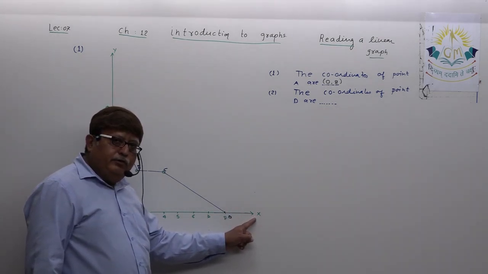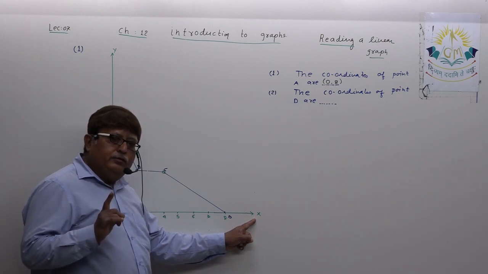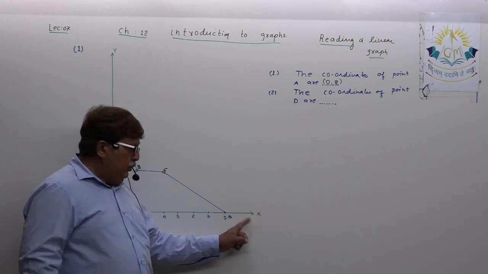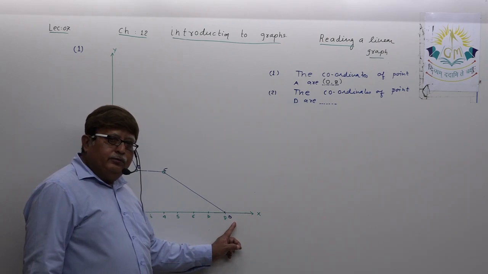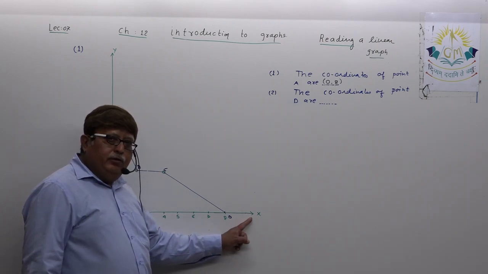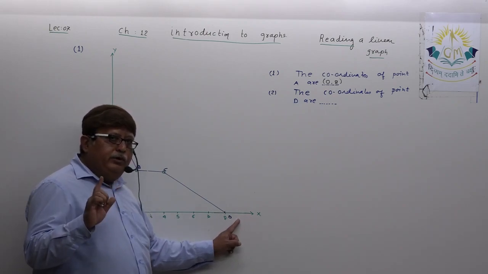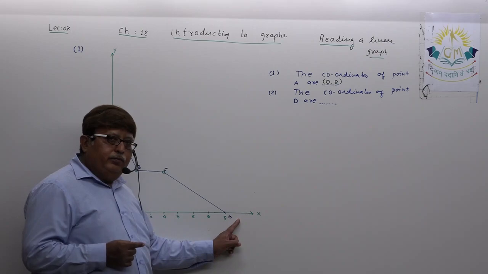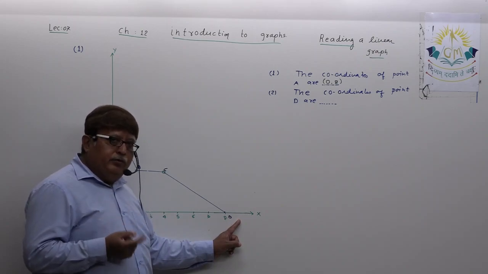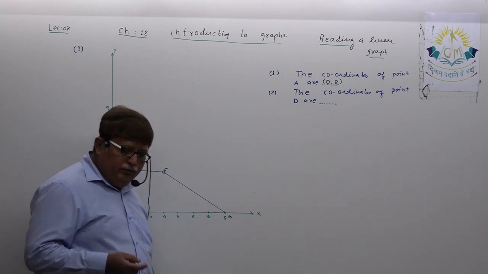X axis. Obviously, because point D lies on the x axis, its y coordinate will be 0. This particular basic we have understood in lecture number 1 also.